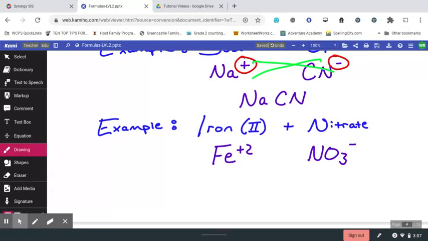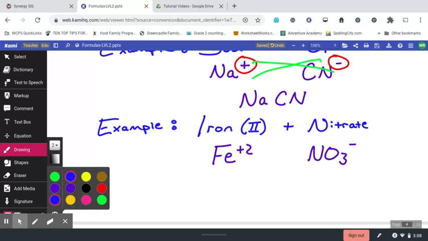Now here's something to keep in mind. Remember I said that these are a fixed group of atoms. So when you are writing formulas and you combine these, you're going to need to be a little bit more careful. Let me show you why.